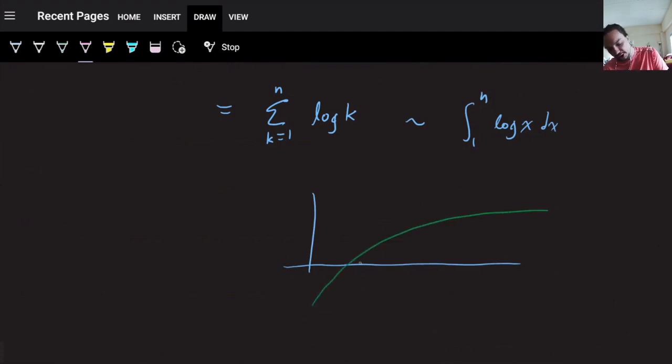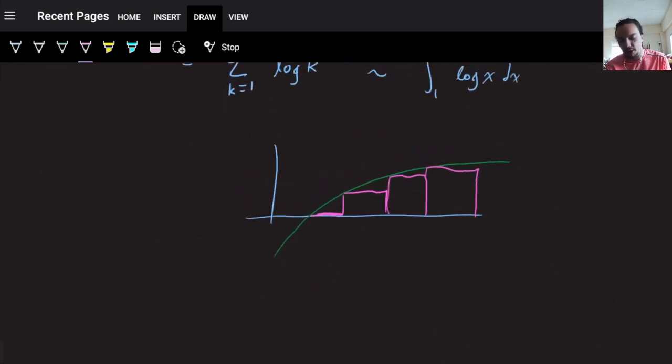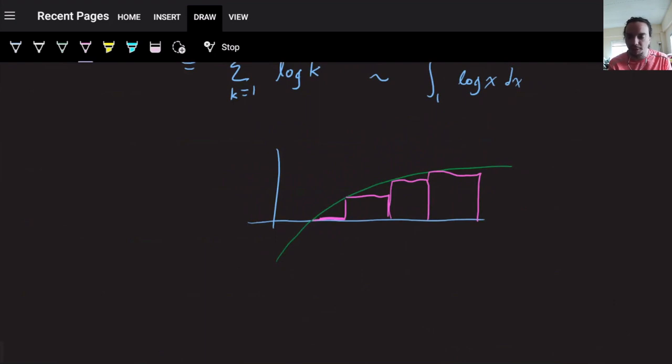And the sum we're looking at would be to basically say, okay, we have a piece here, we have a piece here, we have a piece here, and so on and so forth. So the sum is giving us all those rectangles. So this is kind of like a Riemann sum for log. But a Riemann sum for log isn't exactly what we want in order to get a good approximation.